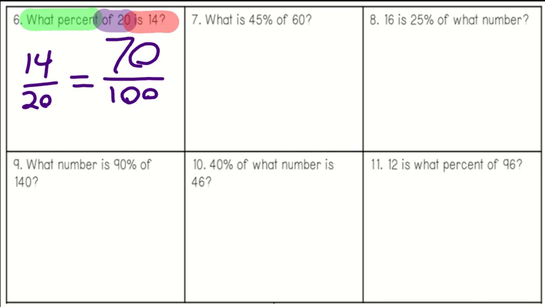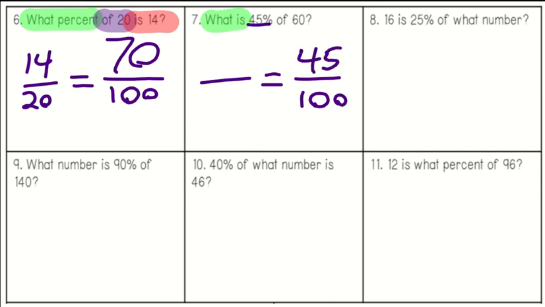All right, we move on to number 7. This one says, what is? That means the is going to be my blank. That's the top left. I still want 100 on the bottom right. Percent goes over 100. What's my percent for this one? 45. We got 45%.